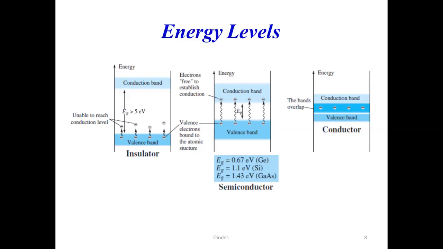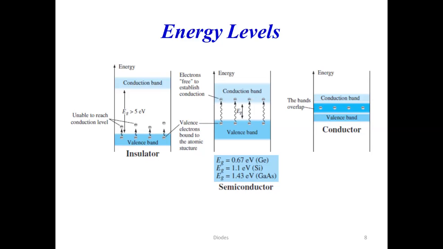If you forward bias, if you give some energy, some biasing to the semiconductor, then the electrons which are present in the valence band will get sufficient energy to move to the conduction band. Once they enter the conduction band, they are available for conduction.